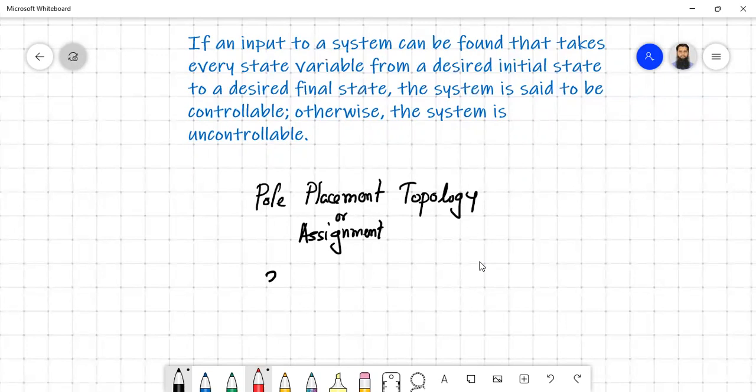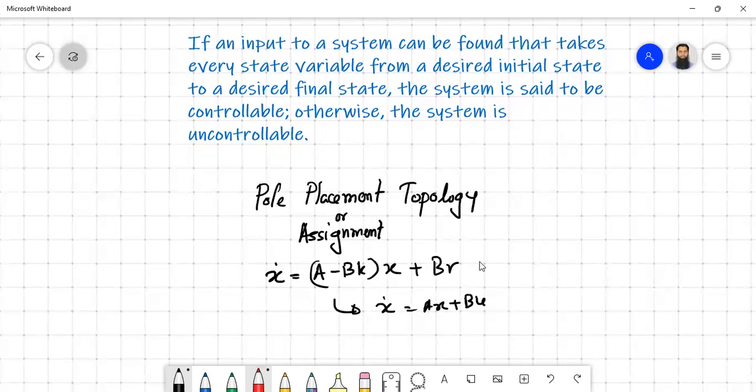So basically, x dot equals (A minus BK)x plus Br, which comes from our original equation, x dot equals Ax plus Bu, and u is taken as minus Kx plus r.